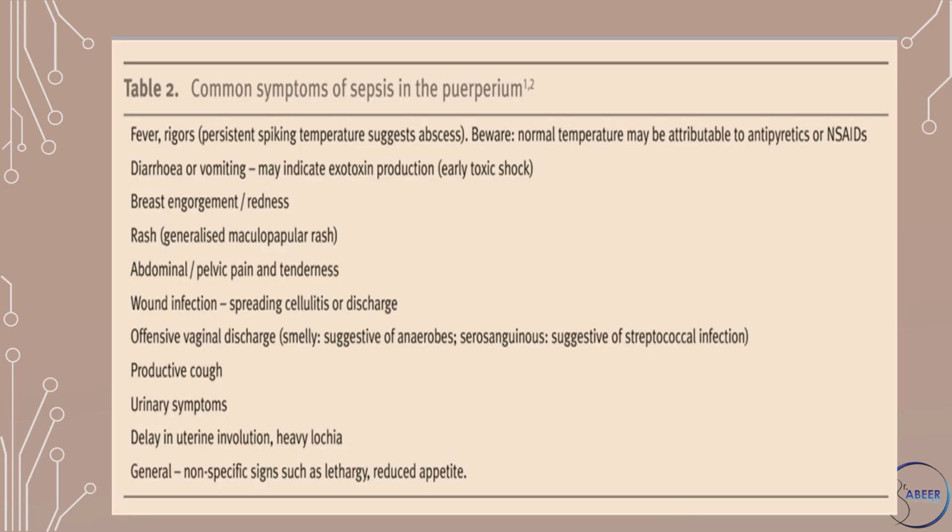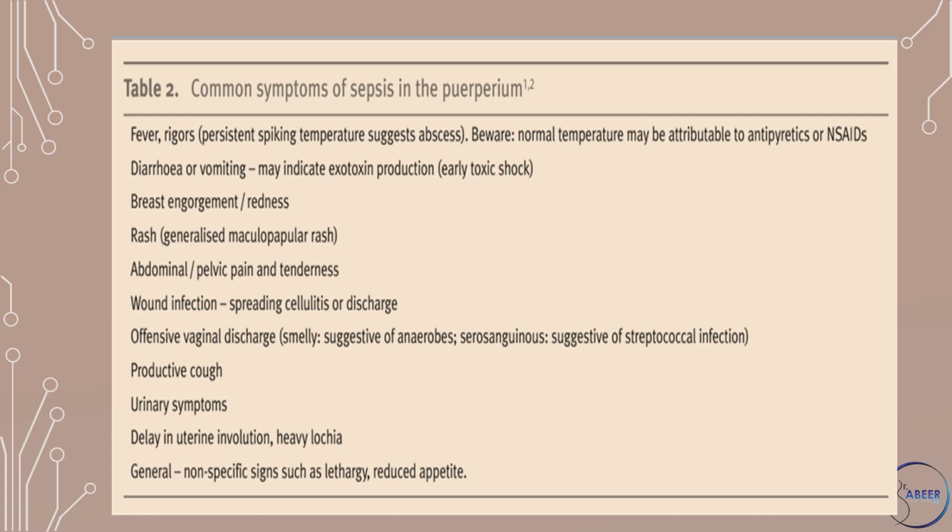Table number 2. Common symptoms of sepsis in the puerperium: fever, rigors, persistent spiking temperature suggests abscess. Beware, normal temperature may be attributable to antipyretics or NSAIDs. Diarrhea or vomiting may indicate exotoxin production or early toxic shock.